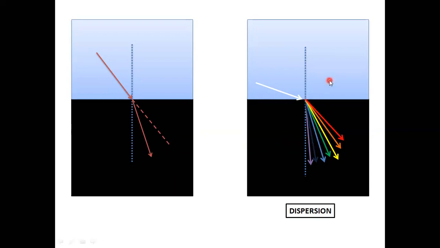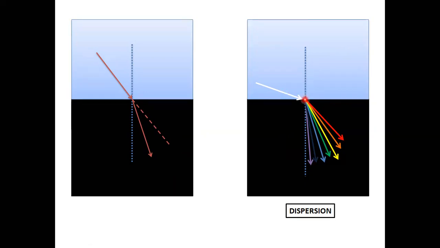Here also, we have considered the similar two mediums, rarer and denser. But here we have considered white light. As we know, white light is composed of all the different color wavelengths. We allow this white light to fall on the interface.